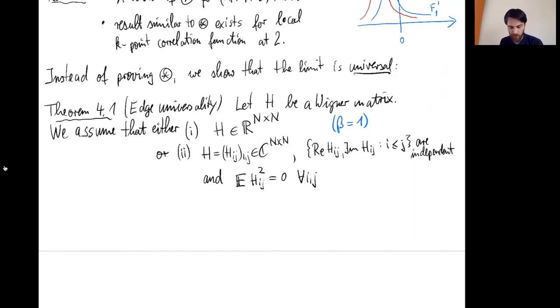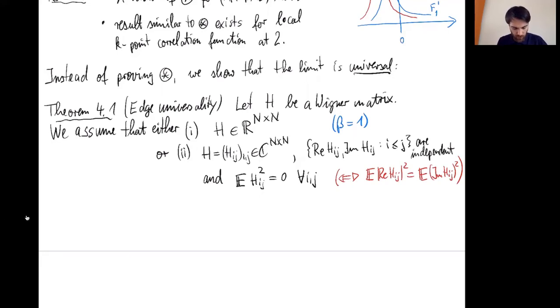Then you have real and imaginary part, and in fact this condition is in some sense equivalent to the fact that the second moment of the real part of Hij, well, now that's a real number, I can square it, is the same as the second moment of the imaginary part. Okay, so these are now honest real numbers. So just as a remark what this means.